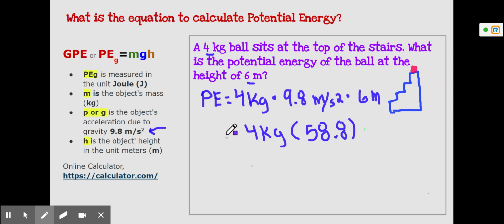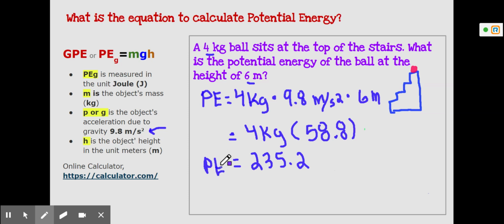Then we'll multiply 58.8 times 4, and we get 235.2. This is potential energy.